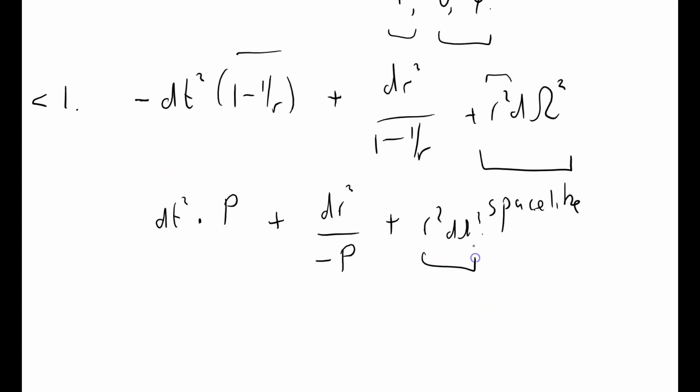So these are still space-like, no problem. However, look what's happened here. This one, dr, is now the time-like coordinate, because the metric tensor has got a negative coefficient. This one, t, is space-like.